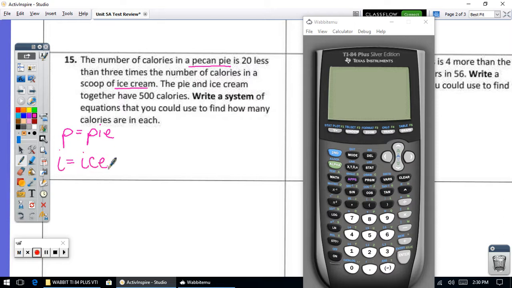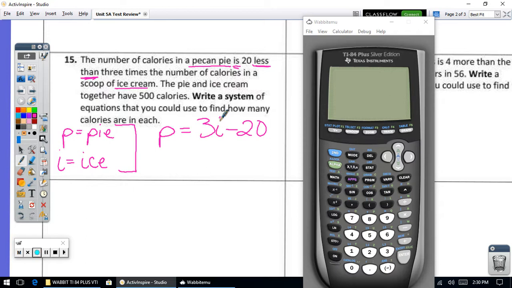All right, so let's go back and reread our first sentence. The number of calories in a pecan pie, so the letter P, is 20 less than. You have to be careful. Less than is a switch word, which means you want to subtract backwards, so to speak. 20 less than 3 times the number of calories in a scoop of ice cream.